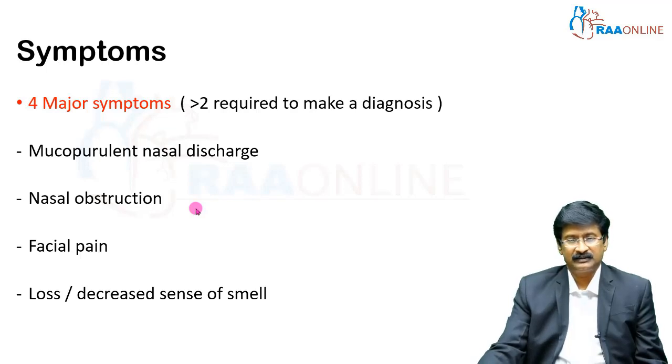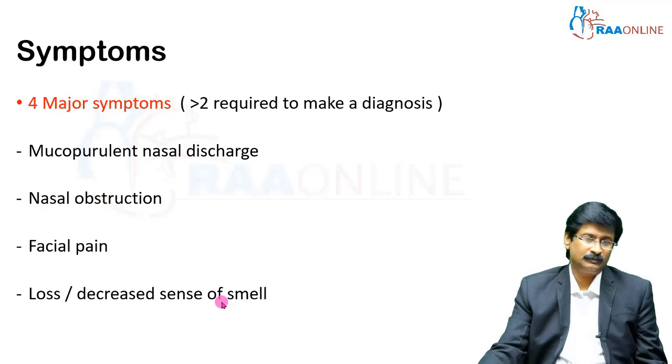Facial pain, as I said, is more severe in acute sinusitis, but sometimes you have a dull or vague facial pain in frontal or maxillary sinusitis as well. And when you have a severe mucopurulent discharge which blocks your nose and the paranasal sinus openings, you can have a decrease in your smell sensation as well.